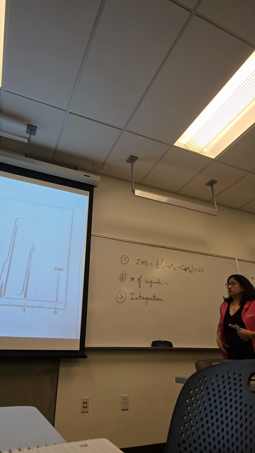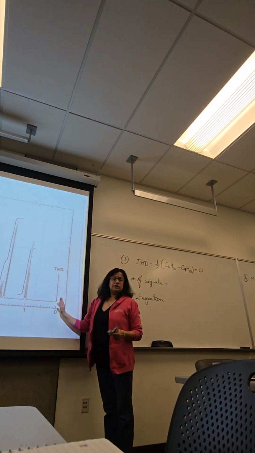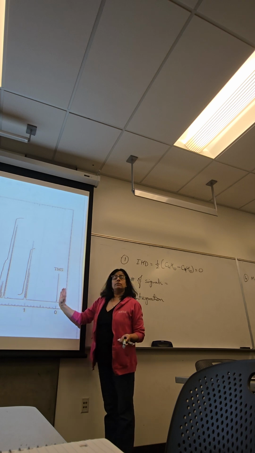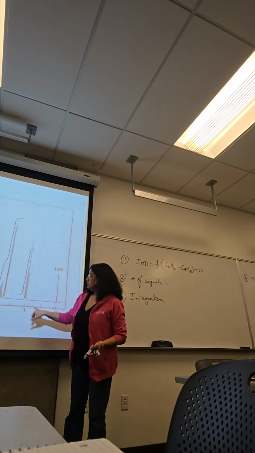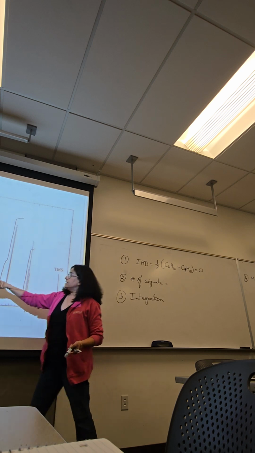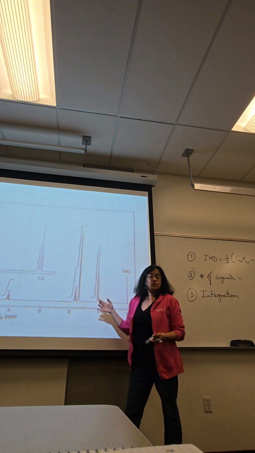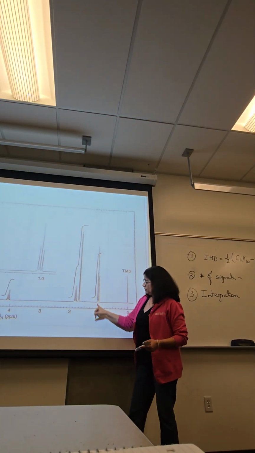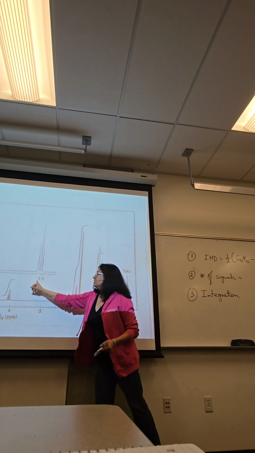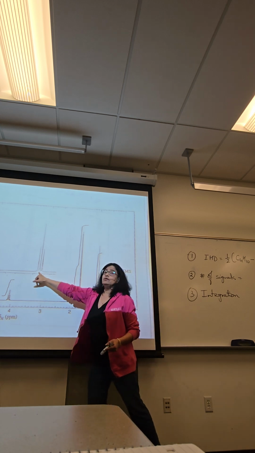Number of signals. So that's TMS, you don't have to count. That's a reference, it's not part of the compound. How many signals? Here is one. It's enlarged there. Sometimes we enlarge it, sometimes we don't. So this signal, notice it's at around 1, is enlarged over there.